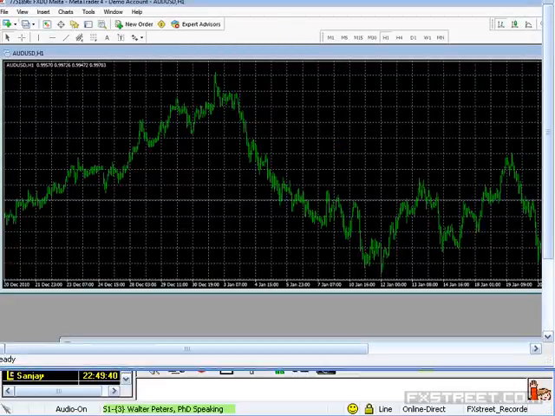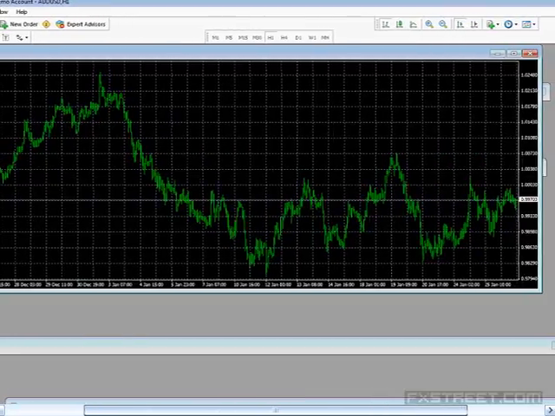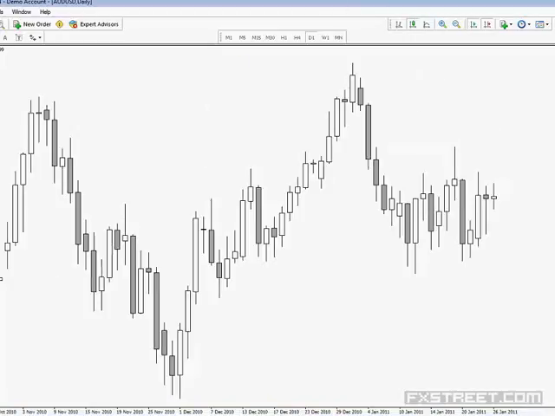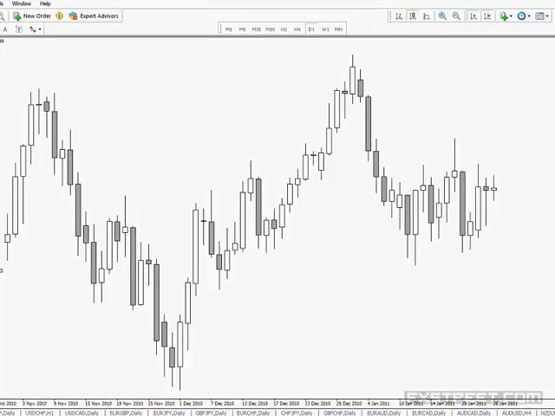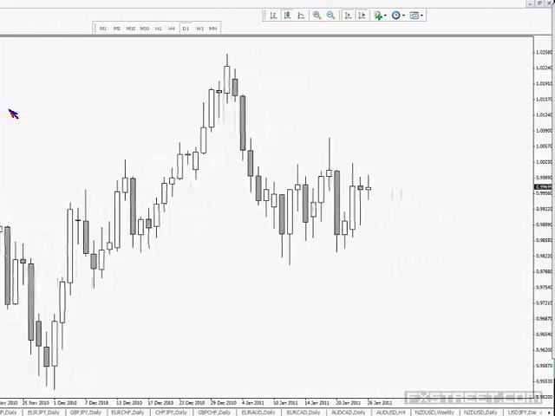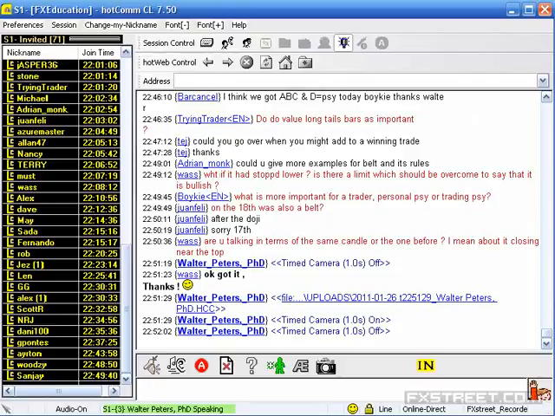Okay, so this is the Aussie dollar daily chart, and where did we have a belt? Maybe it was the Aussie yen. I thought we had a belt. Must have been the Aussie yen.